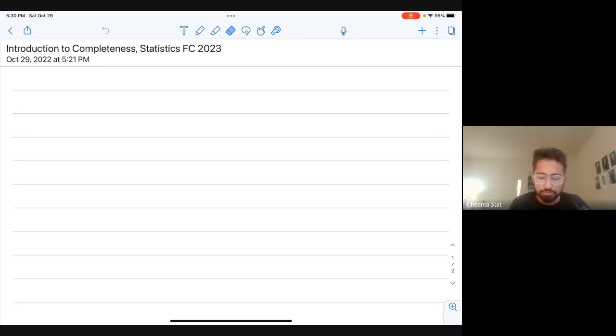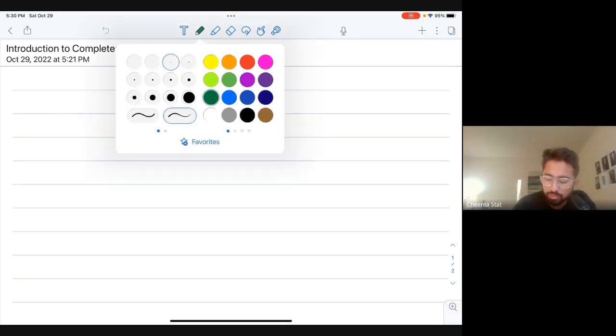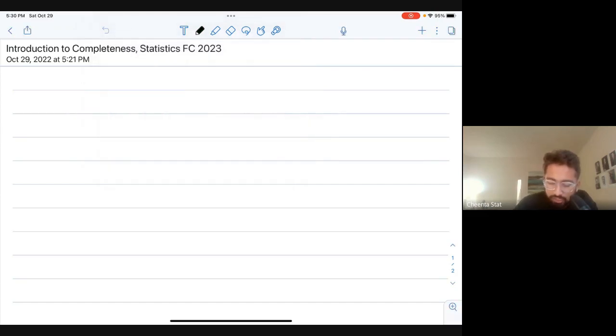So, if you remember, what was the goal that we started with? Our goal was to find a UMVUE, right? That means an unbiased estimator which has minimum variance among all the unbiased estimators, but for all parameter values theta.